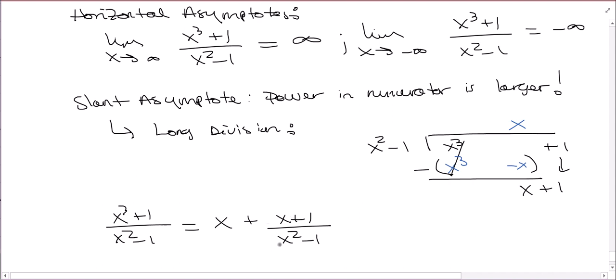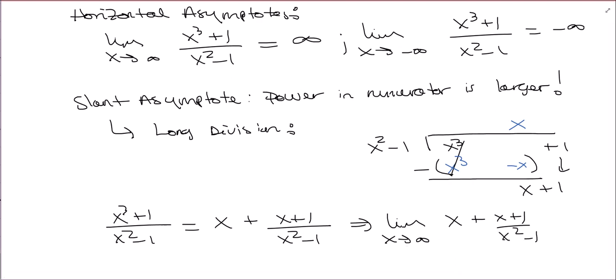And notice you can simplify this, but as x goes to infinity and -infinity, this will go to 0. The degree on the bottom here is larger, so this quantity is going to go to 0, and you'll be left with x.